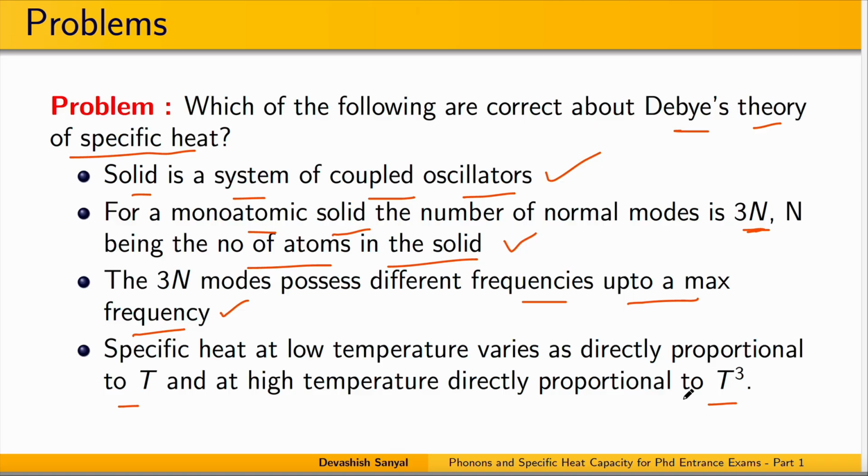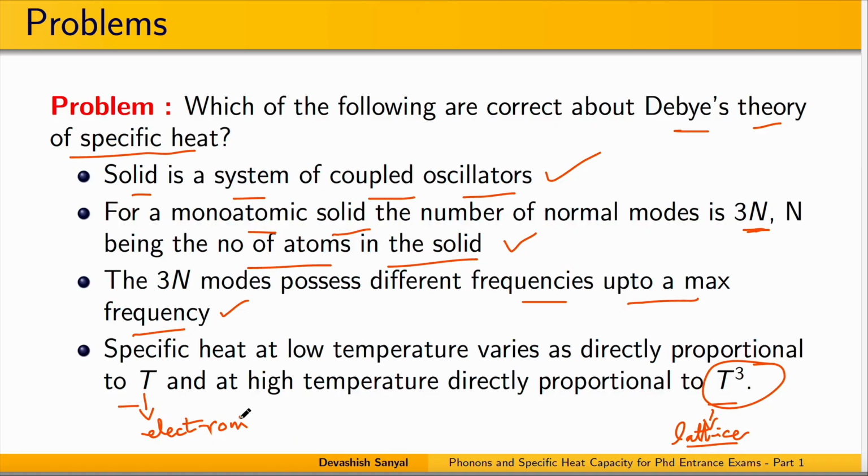This is incorrect, because Debye theory only predicts that at moderately low temperature, the specific heat goes as T cubed. This is the lattice contribution. Debye theory considers only the lattice contribution. The term linear in T, Debye did not consider. This is the electronic contribution, which you can see only at a very low temperature.